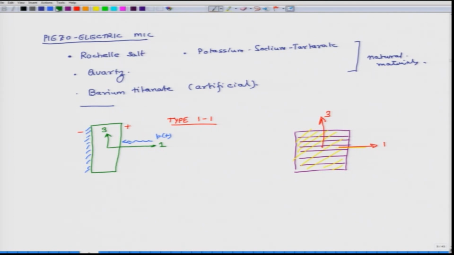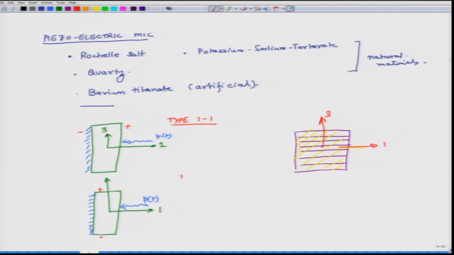The other type of piezoelectric crystals are type 1 3. What is there in 1 3? Suppose this is axis 1, this is axis 2, and suppose I fix this end of the crystal and I apply pressure here, suppose sound hits it. So, pressure is being applied in the 1 direction, but the voltage gets generated on the other two surfaces.